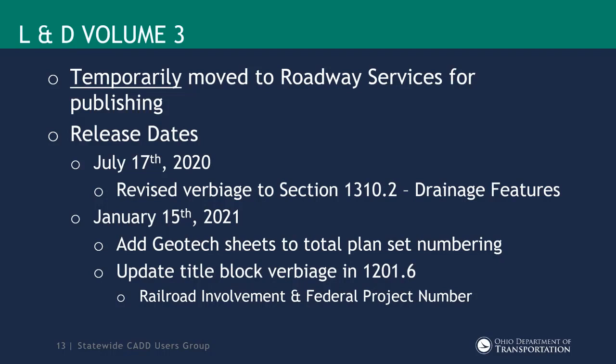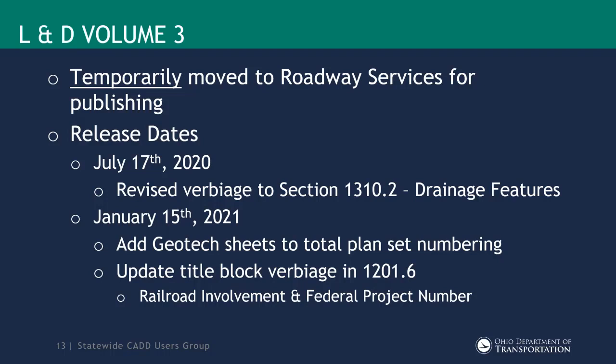A couple of things that we're looking at adding is geotechnical sheets to the total plan set numbering. That was something that Geotech had put out there as an update, basically just taking the Geotech sheets and adding them into the total plan sheet numbering. Also, updating the title block verbiage in 1201.6, and this basically says something about the railroad involvement and federal project number.